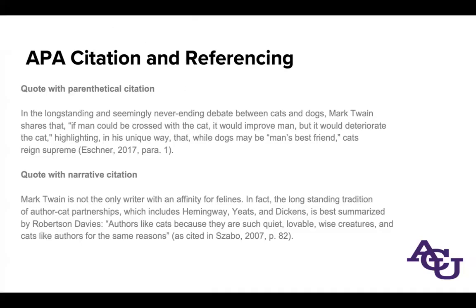Sarah, Basil wants to know if we can quote an entire paragraph this way. So according to the higher powers that are APA, quotes that are 40 or more words need to be formatted as block quotes, which look a bit different than regular quotes.